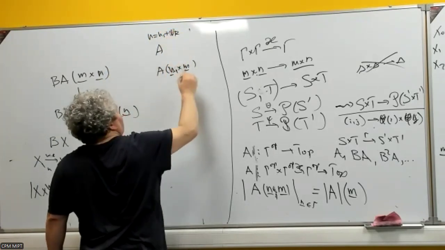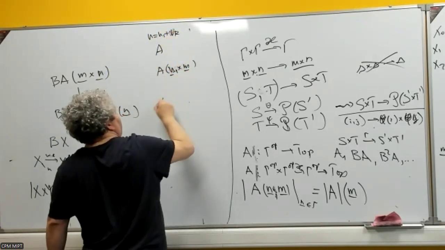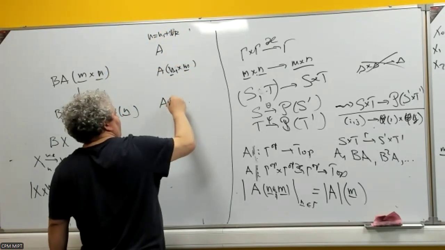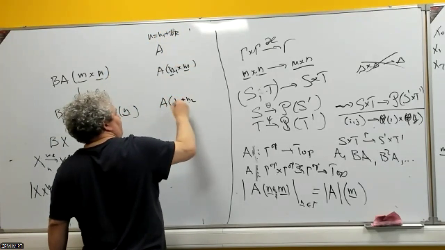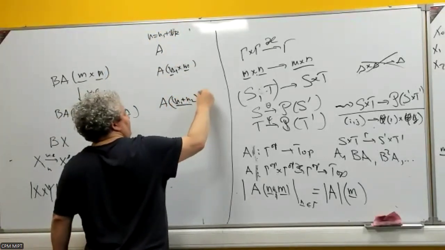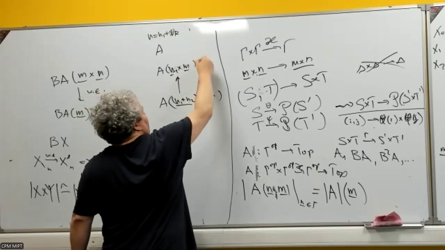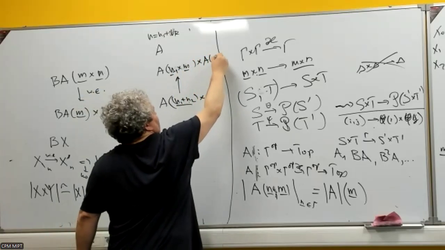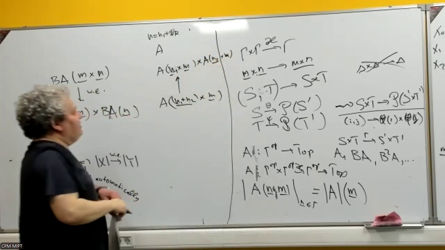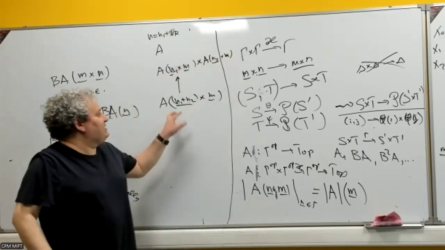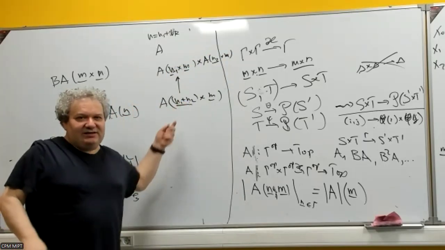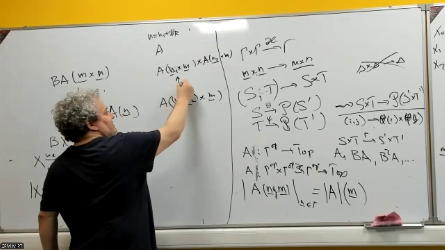Then we have a map from A of N1 plus N2 times M to A of N1 times M times A of N2 times M, just because the union of these two sets is actually this set, and as I explained, it's a weak equivalence.